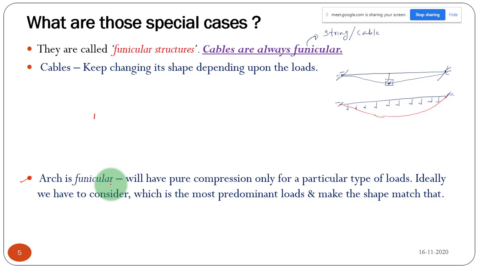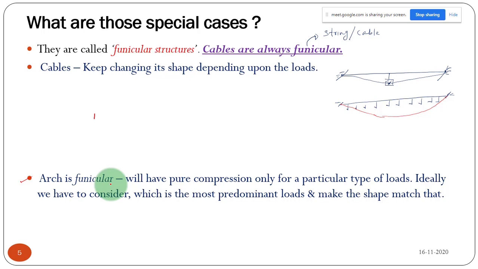It may be linear, or parabolic, or semicircular, whatever it is. You can design a configuration of the arch. So that will be a funicular arch for that type of loading. If you change the loading, then there will be some moment and shear force coming. So the arch is funicular only as a special case, for some particular type of loading.